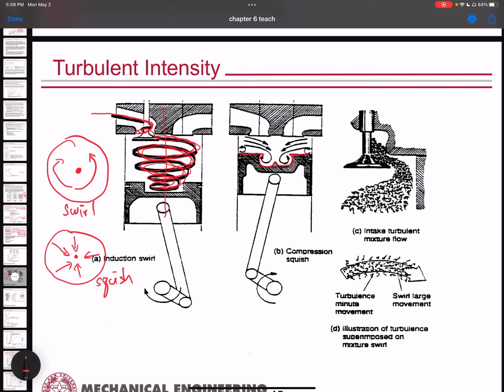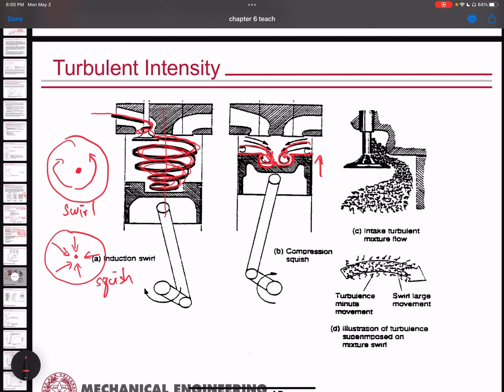And so this bowl that you see here, as the piston moves toward top dead center, because you have this bowl pattern in the piston that causes the outer edges of the piston to force flow into the bowl region here. And as it's doing so, because of the lip and the various constructions that we have in this piston, it basically causes this squish motion and this additional turbulence within the mixture.